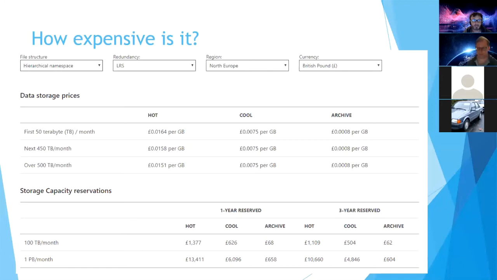Hot is on SSDs, and you can get it quite fast. Cool, I think, is on spindles, and archive, well, I'm not sure where archive is. That might be stored offline, and they actually have to mount a drive to plug it in. The other thing is redundancy.